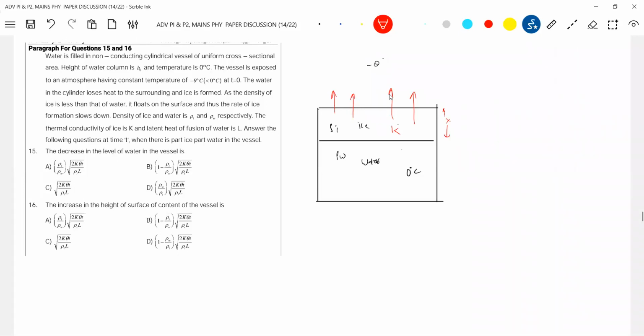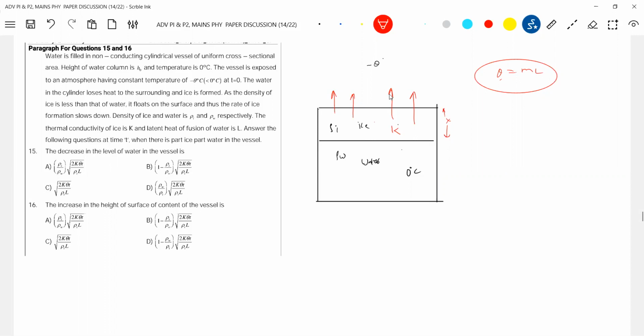So for this much layer of ice to be formed, some heat has to escape to the surroundings. So Q equal to ML, you can write it. And that Q will be transferred by this. Take help of this at any time; it is asking questions about when there is a part of ice and water in the vessel.